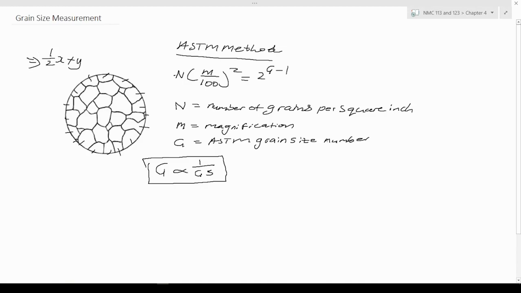And sometimes you get a question where you'd have to measure this diameter, right, to get the area within which you find all these grains. Remember, the grain size number is the number of grains per square inch, so it means that it's the number of grains per an area, right?